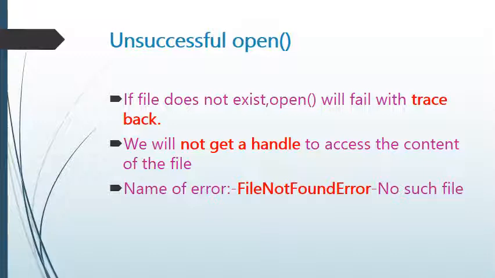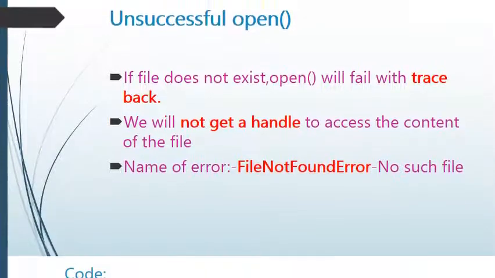And remember, you will not get a file handle from the operating system if it is not able to open a file. The name of the error is classified into a particular group called FileNotFoundError. It means that there is no such file in the present working folder.